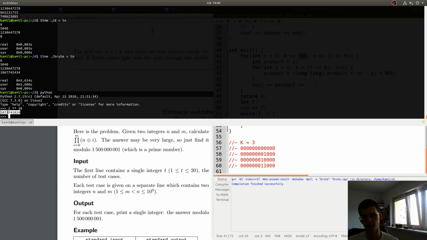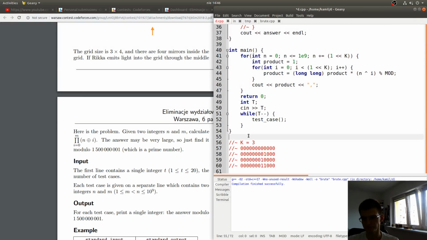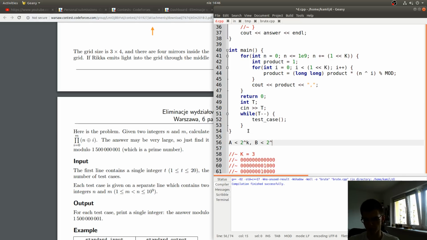So the simple lemma for you to remember is that if a is smaller than 2 to the power k and b is also smaller than 2 to the power k, then a XOR b is also smaller than 2 to the power k, because a has at most k bits, b has at most k bits, so the XOR also has at most k bits. It's also true for OR and for bitwise AND.